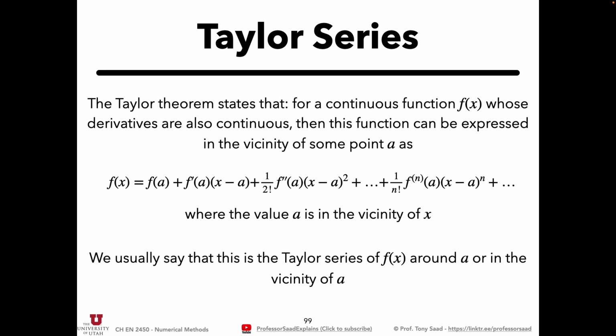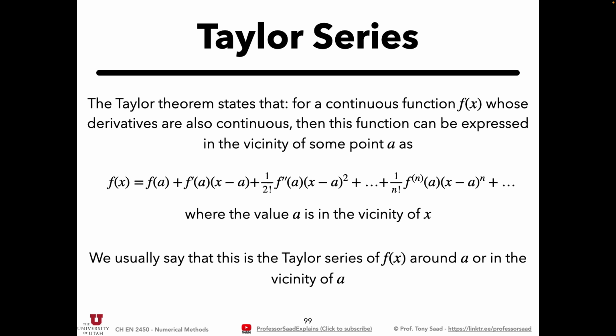So I'll remind you again of the Taylor series theorem, and I'm assuming you saw that through calculus. We're going to see another form that you might not have seen through calculus. But one way to think about the Taylor series is to say, if you have information about a function, its first derivative, its second derivative, and so on, at some point a, then you can estimate the value of that function at some other point x that is x minus a away from a.